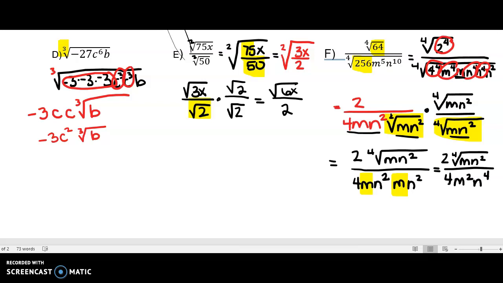One last step that we can do: I've got a 2 in my numerator and a 4 in my denominator, and those can reduce to 1 mn squared over 2 m squared n to the 4th.